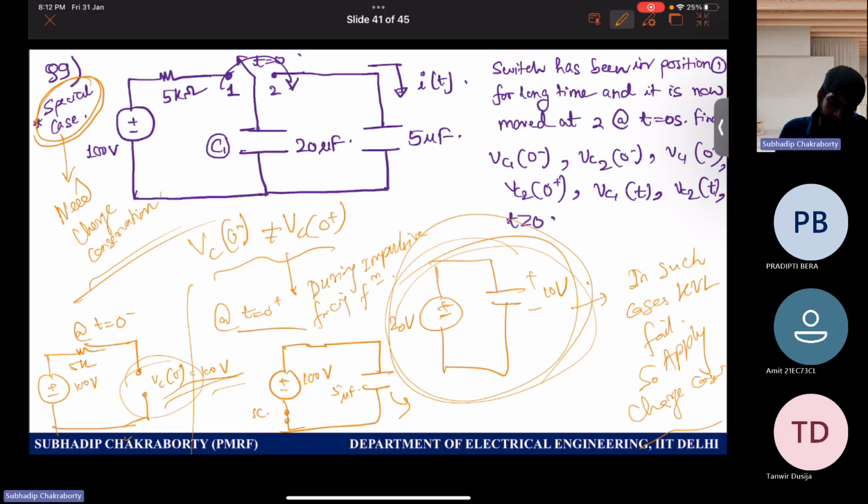So how can I model an uncharged capacitor also with short? VC0 plus, if I apply KVL, equal to 0. So VC0 plus is now becoming minus 100 volts.